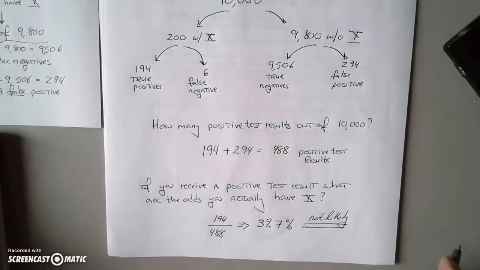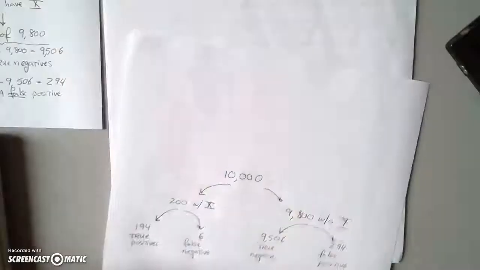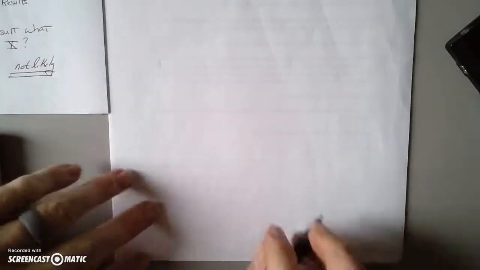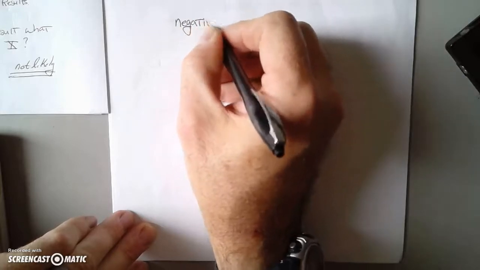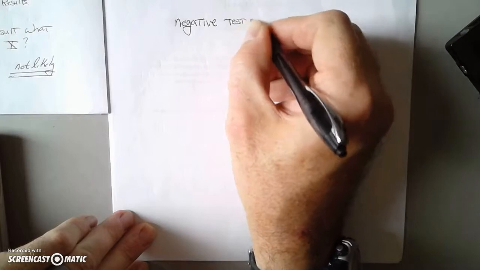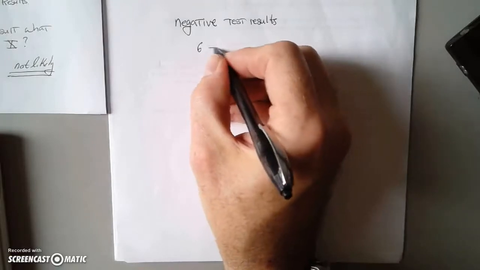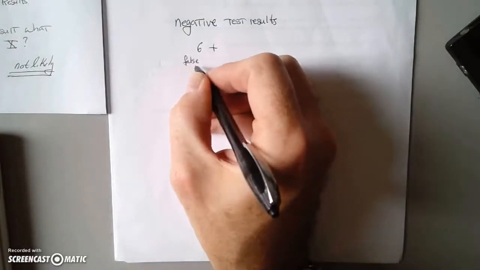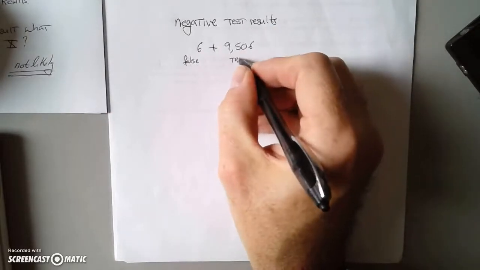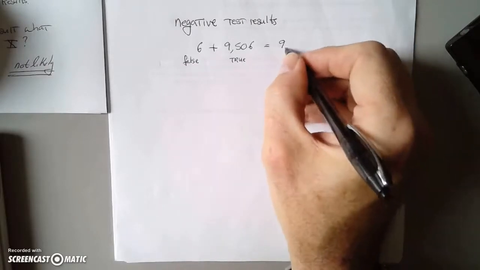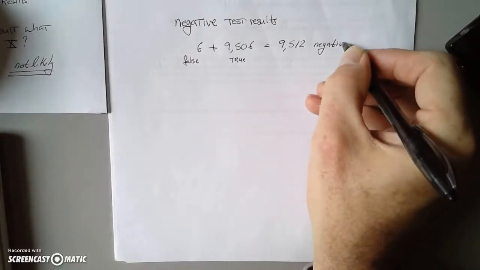We can also do the question, if you get a negative result, what are the odds? We'll do that quickly here since we're racking up the time. So negative test results, well, there are 6 false negatives, plus 9,506 true negatives. So that's 9,512 negatives.